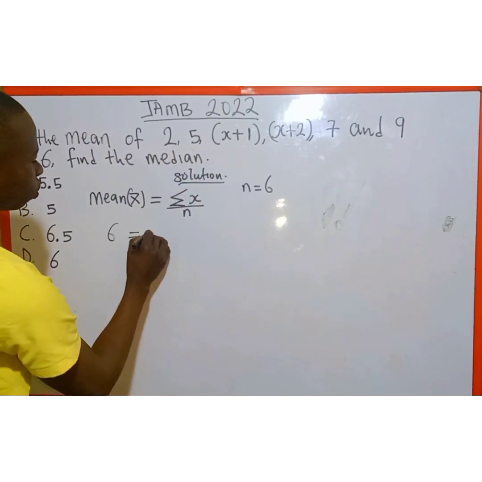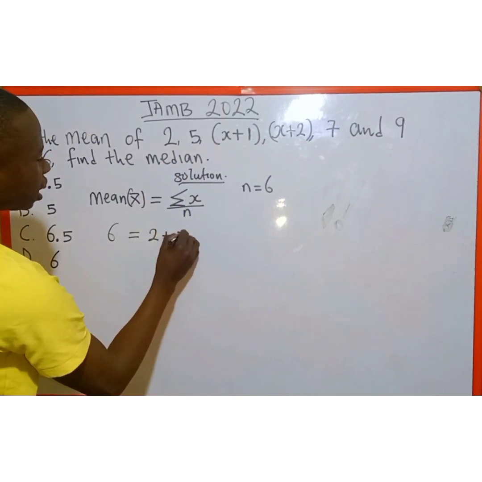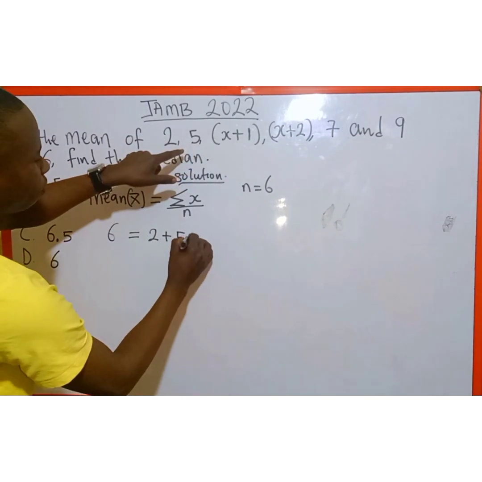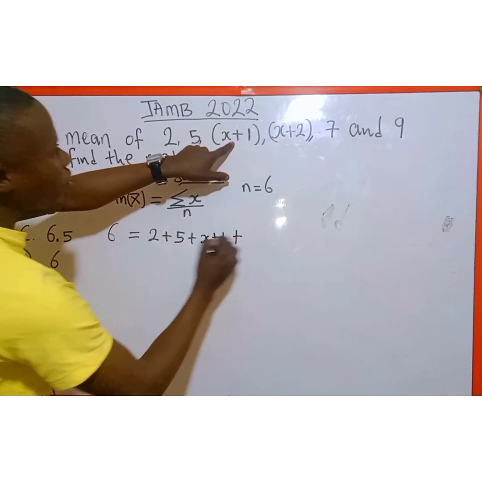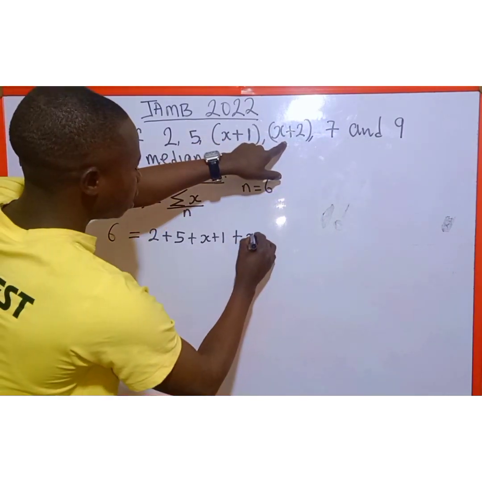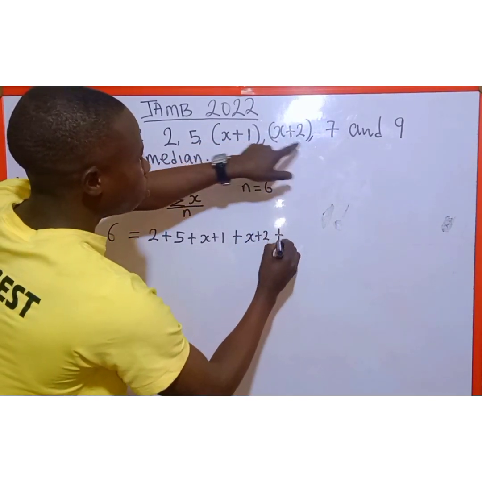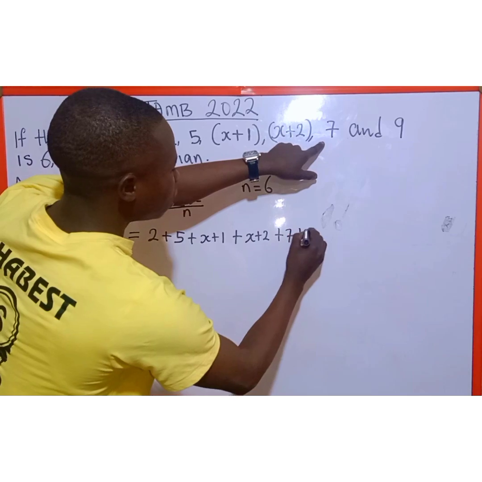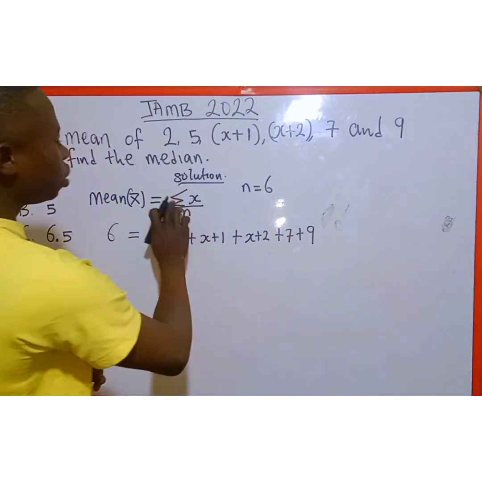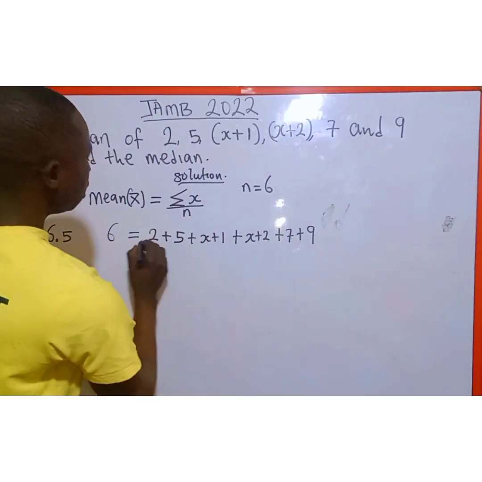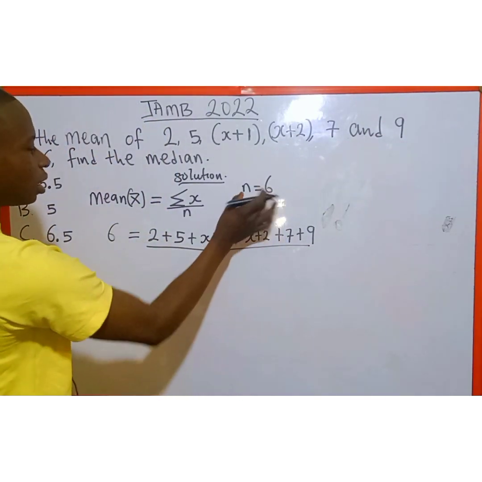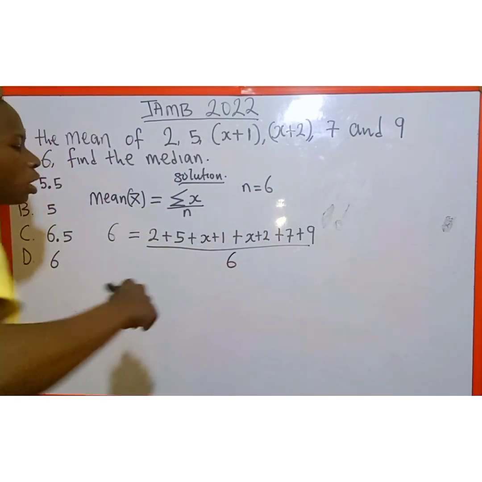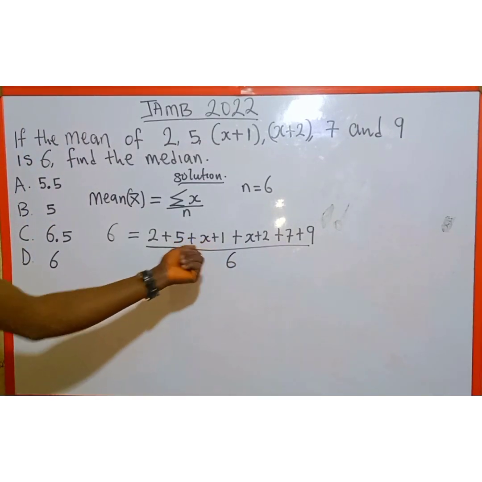The first number is 2, plus the next number, which is 5, plus x plus 1, plus x plus 2, plus 7, plus the last number, which is 9. So this is the summation of x, then divided by n, and n is 6.